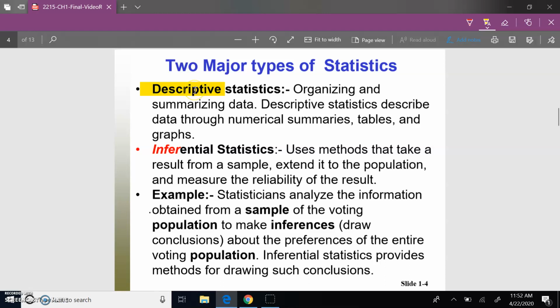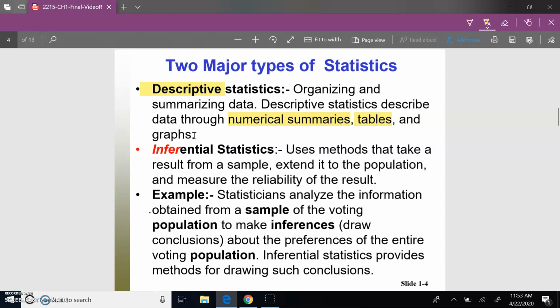So what we do in descriptive statistics, we simply describe some important features, some important characteristics of the data. And that description may be in the form of numerical summaries, maybe mean, median, and other stuff. It may be in the form of a table. You may create a table of data, or it may be in the form of a graph, a pie chart, a bar graph.